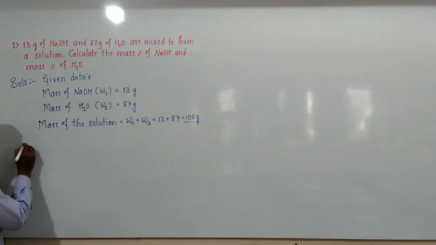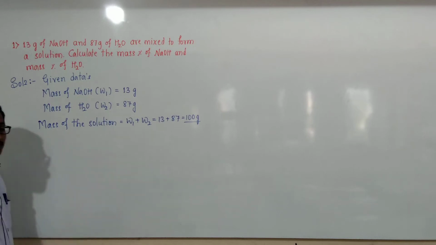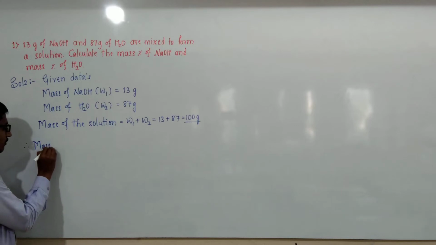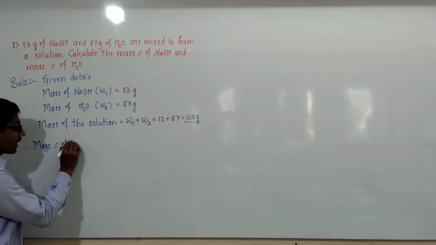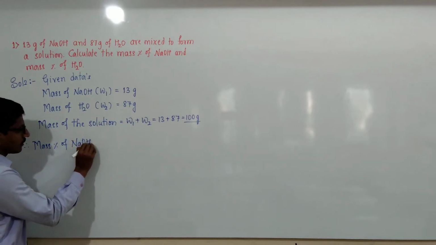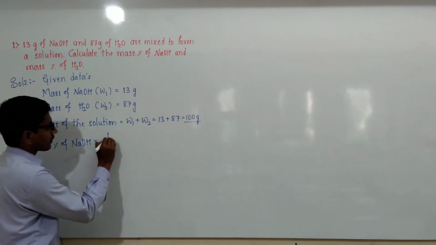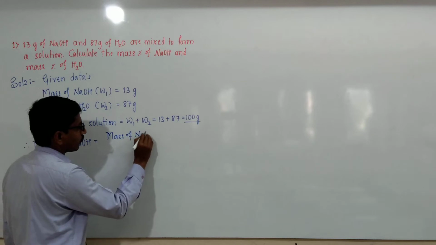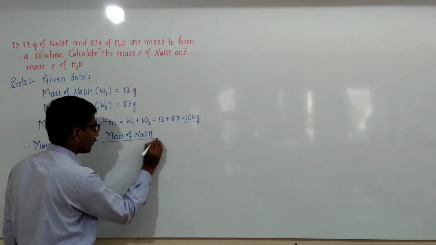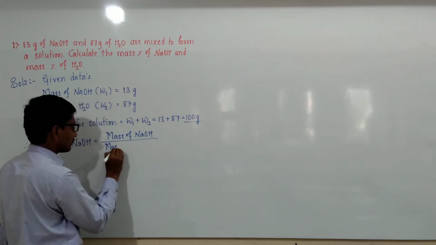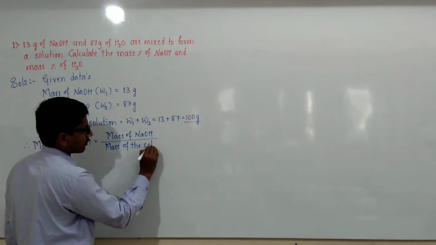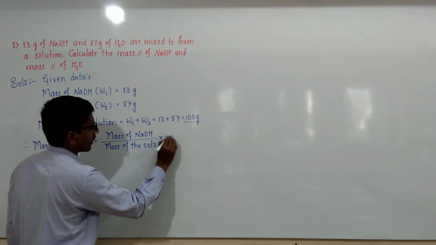Then from mass percentage, therefore mass percentage of NaOH, first one, is equal to mass of NaOH, that is W1, divided by mass of the solution into 100.